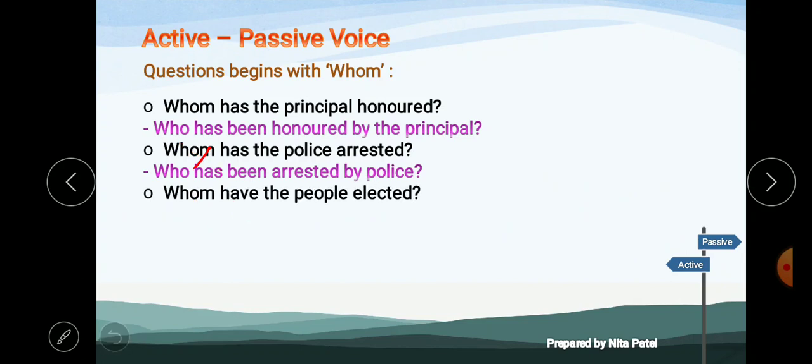Next, whom have the people elected? Who has been elected by the people? Now look at this, the people. Now they are not necessary, you can even cut it.